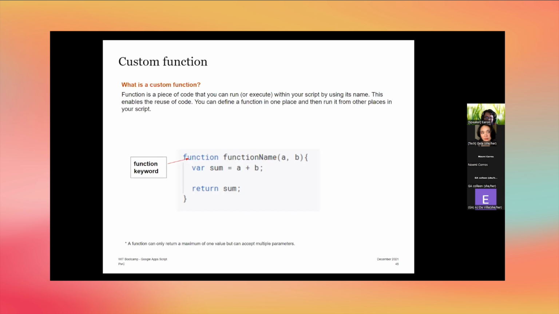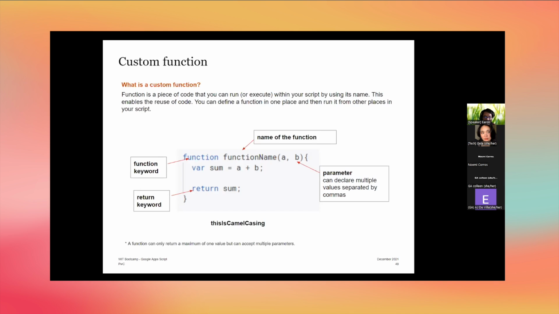But for really long processes, you would want to put it in a function so that it's easier to call. So this is the name of the function, the next one is the parameter, what you're passing in to the function or what the function will receive, and the last one is what your function will return. Again, please use camel casing.